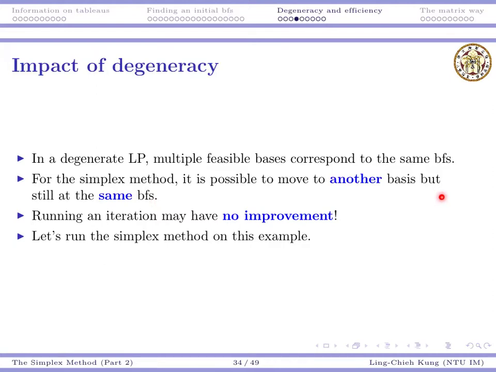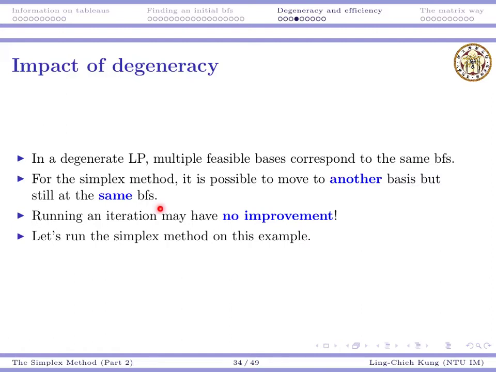Let me say this again. In the simplex method, each iteration we replace one basic variable by one non-basic variable, right? So we change the basis and move to another basis. But this other basis may actually correspond to the same basic feasible solution as the current one.